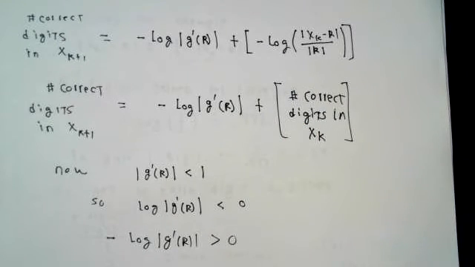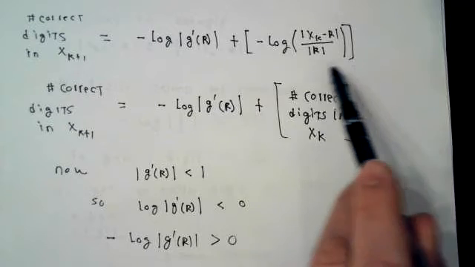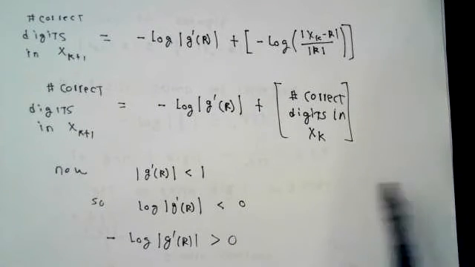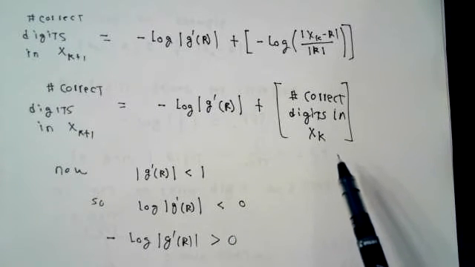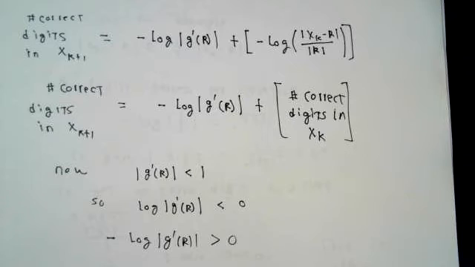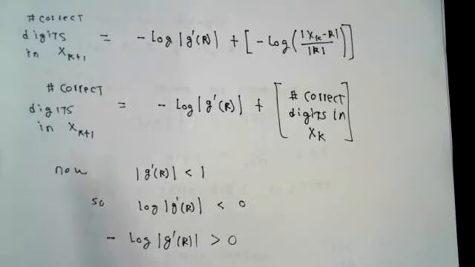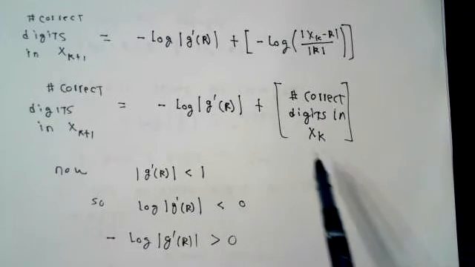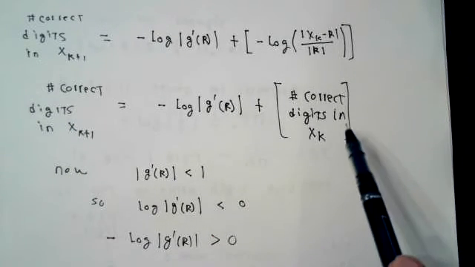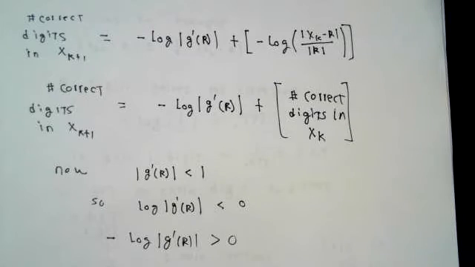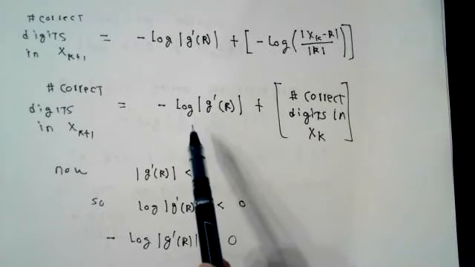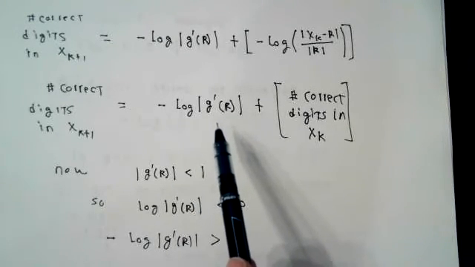The reason for that is this quantity inside the square brackets is the number of significant figures in x number k. So the number of digits that's right in x number k plus 1 is the number of digits that was correct in x number k plus the negative of the logarithm of the absolute value of g prime of r.